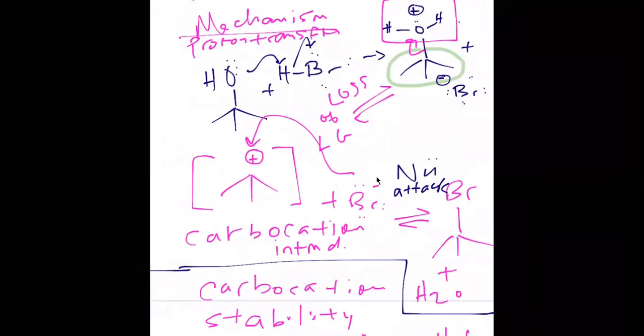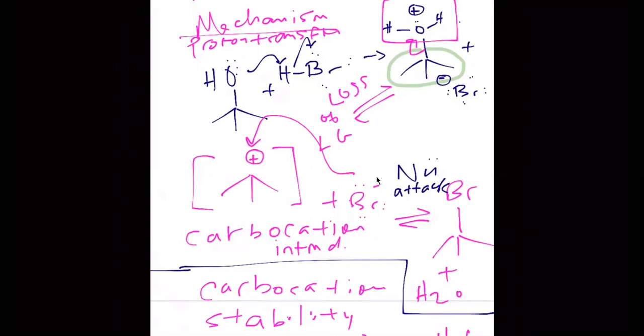So I'm not going to ask you to memorize the mechanism, but I may give you the first step and give you all the structures and say put the arrows in to show how you get from point A to point B. You understand what I'm saying? I'm not expecting you after one lecture or half a lecture to spit this back out to me, right? But the arrow stuff is just building on what you learned in part one, because it's all just nucleophile, electrophile chemistry or acid-base chemistry.